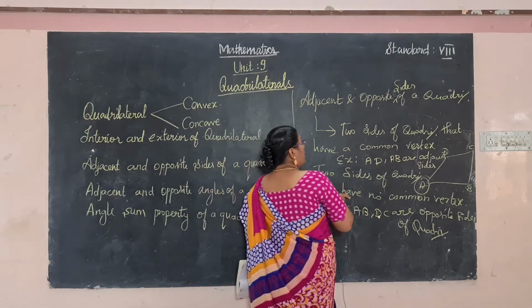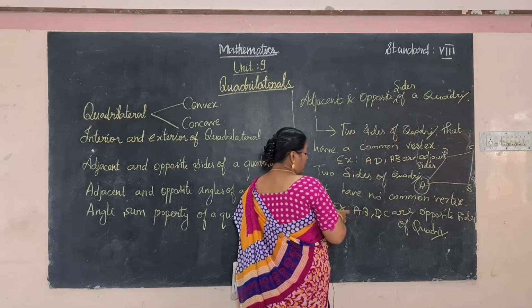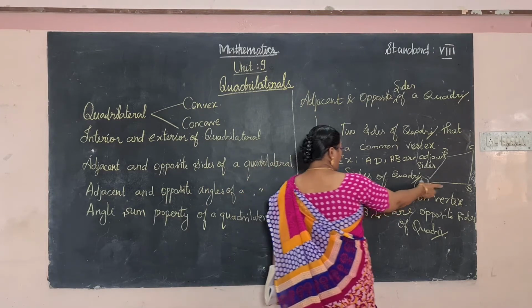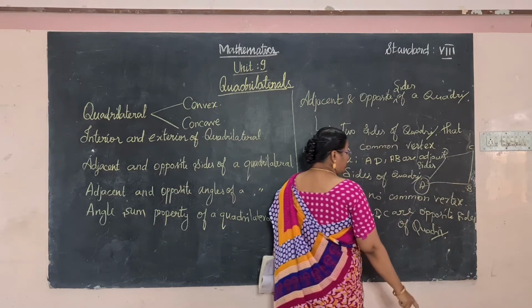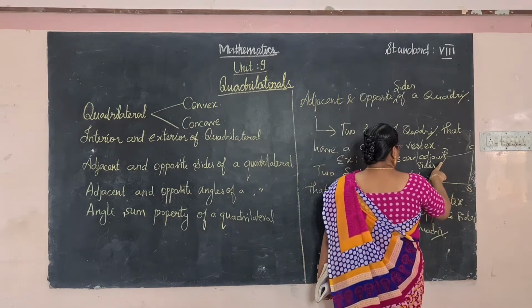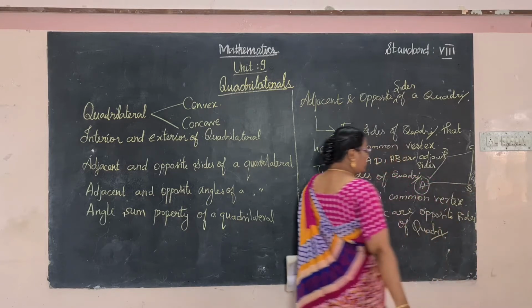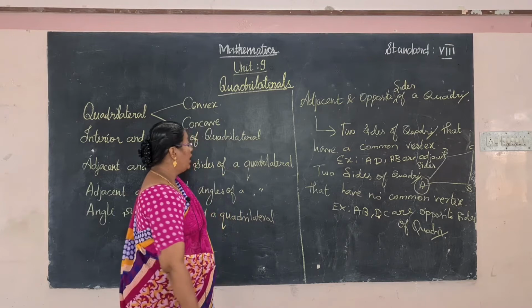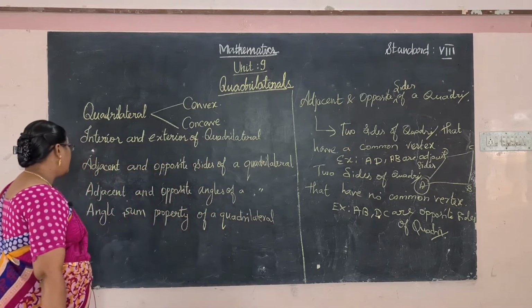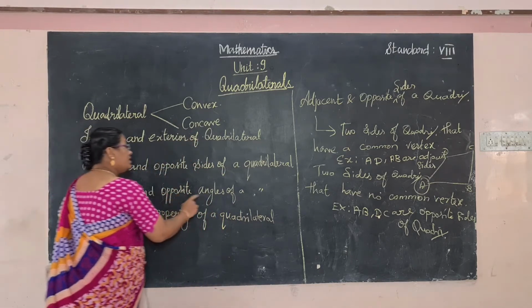Example: AB and DC are opposite sides, and AD and BC are also opposite sides of the quadrilateral.